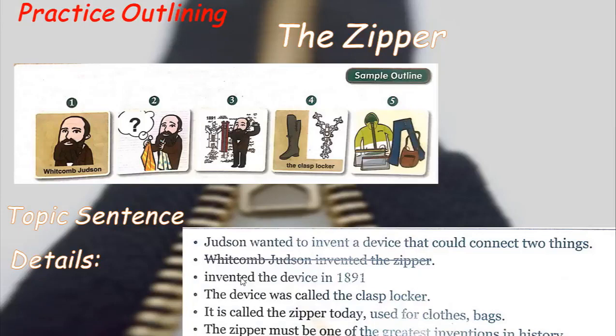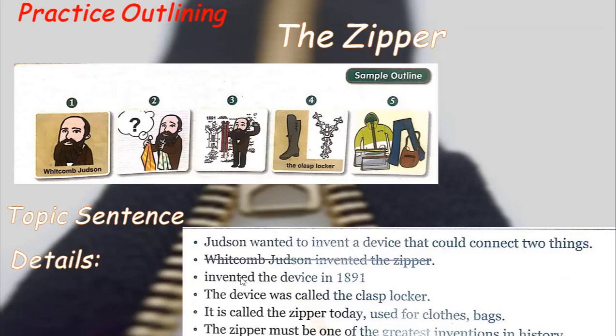So now you can move to page 73. You will see different pictures, number 1 about Whitcomb Johnson, and numbers 2, 3, 4, and 5, and you also see some clues.